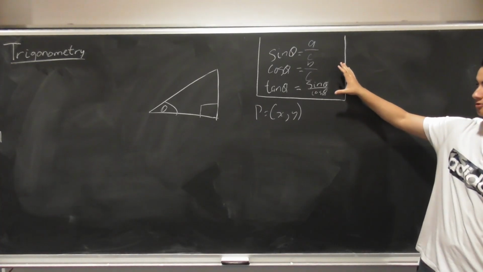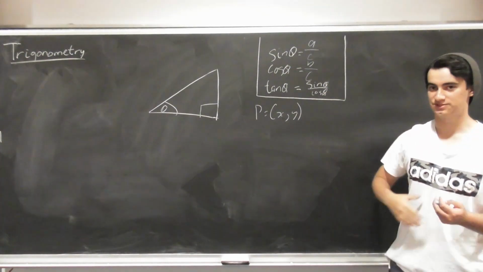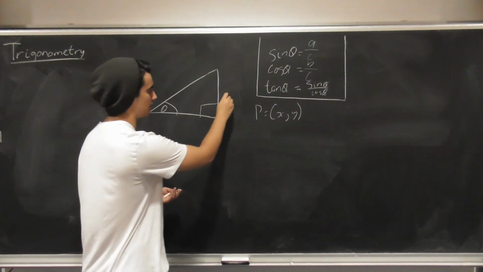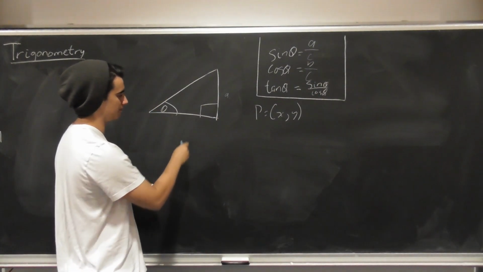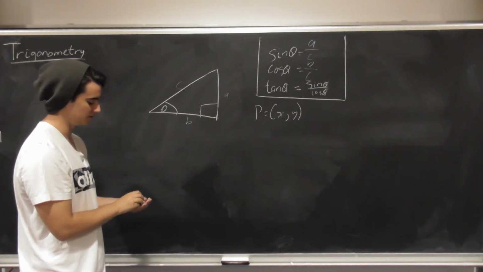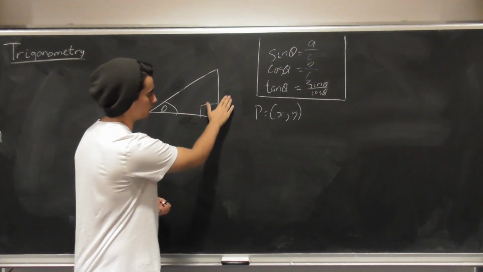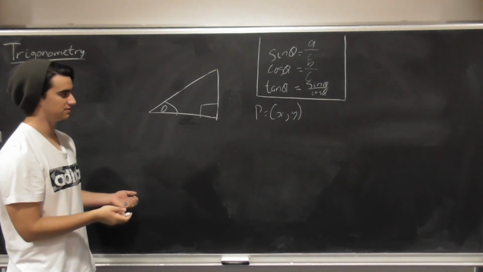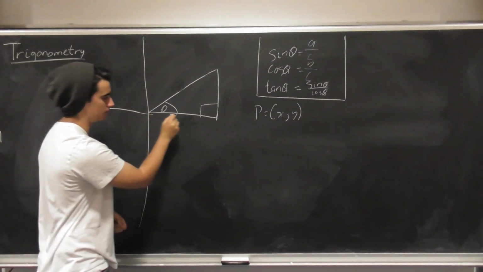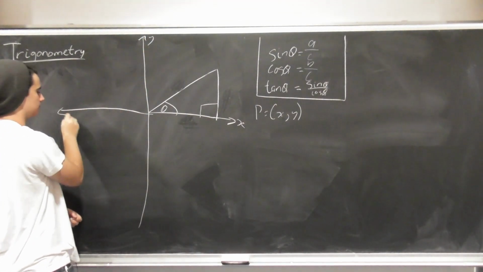Right, so now that we have our trigonometric ratios defined, we're going to see how we can really use them. So we had this side being A, the bottom side, the adjacent side being B, and this hypotenuse, the long side being C. But we can instead imagine we have this right angle triangle on an xy plane, where this is the x-axis, this is the y-axis.